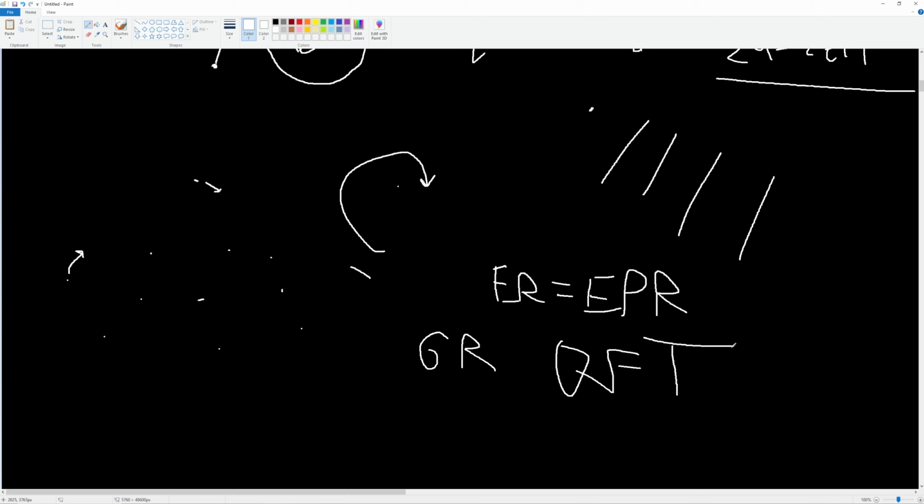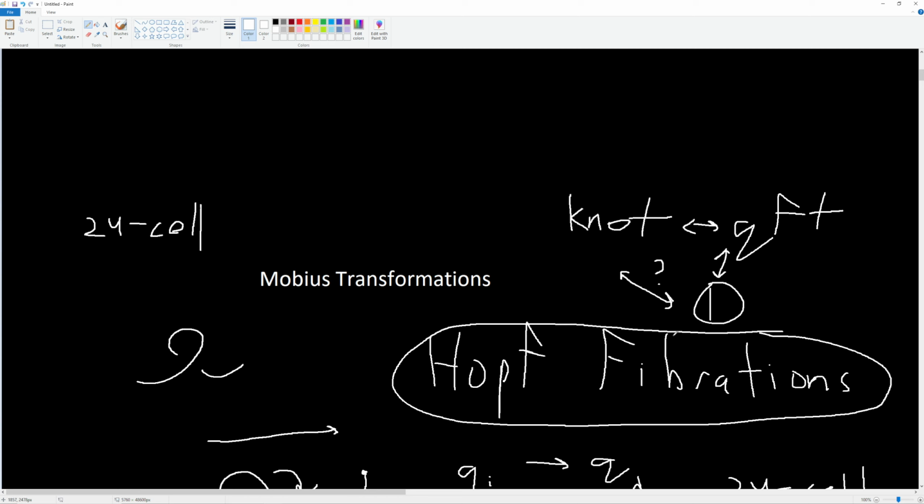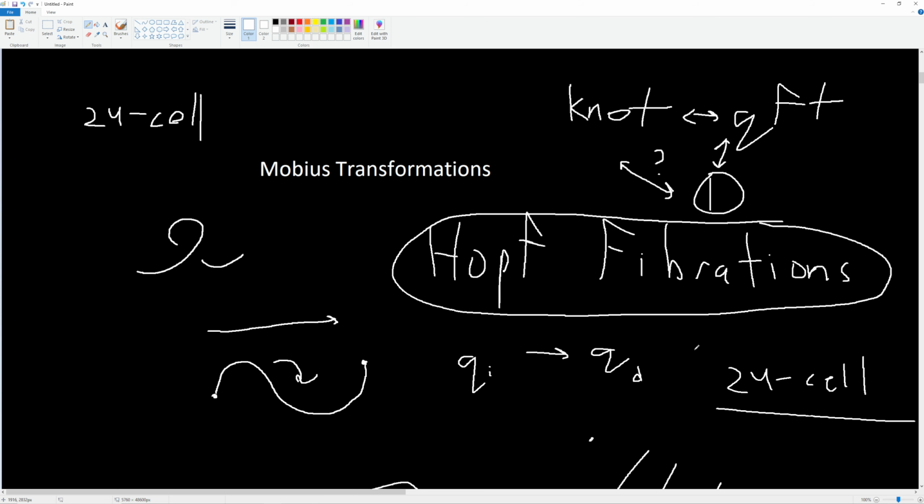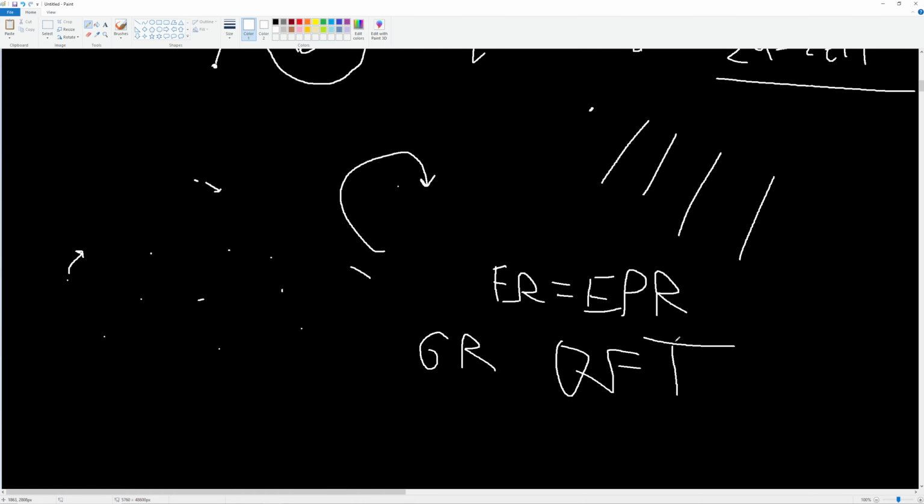Possibly. That's what I'm interested in. So I need to look at Hopf fibrations and the symmetries in 4 dimensions that I was talking about, and projections of the 24 cell. Yeah, that's it.